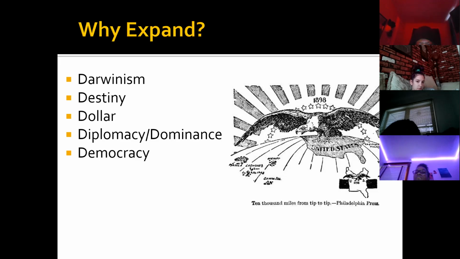The second motivation for foreign involvement is destiny, which is similar to manifest destiny, the belief that Americans had the God-given right to expand their influence. The third is dollar, which is exactly what it sounds like. Americans should expand and increase their trade to make more money.